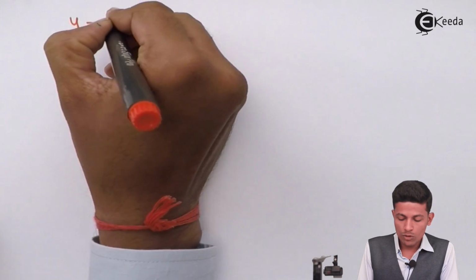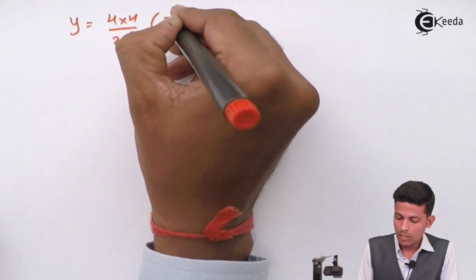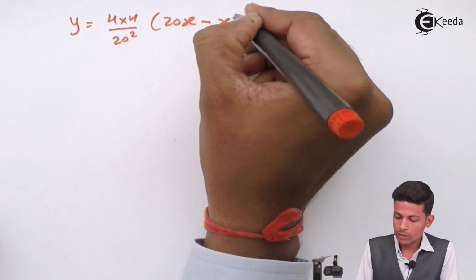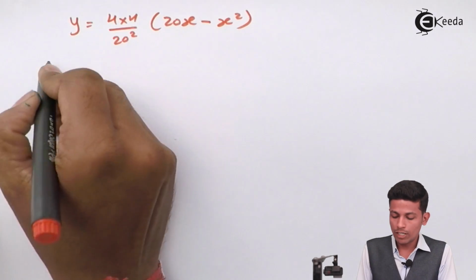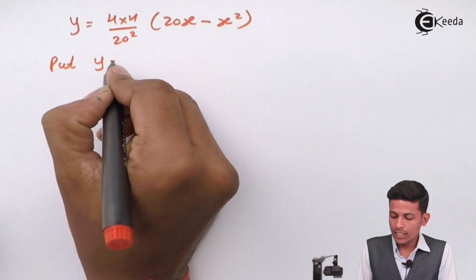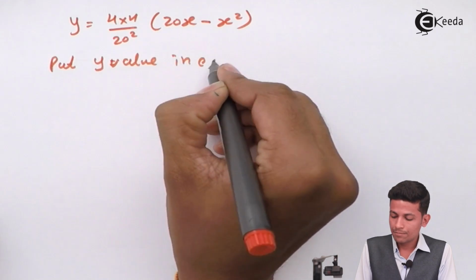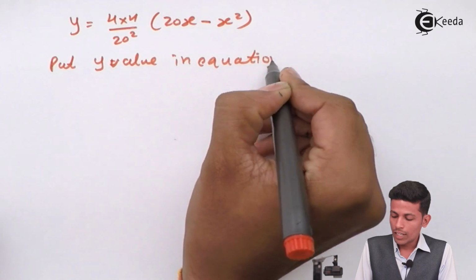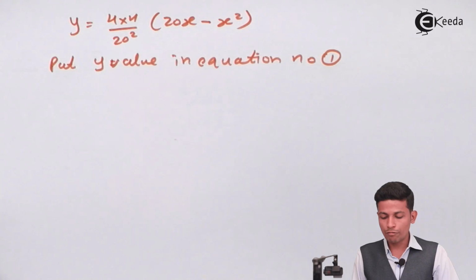So y is equal to 4 into 4 upon 20 square, into (20x minus x square). Now put this y value in equation number 1.